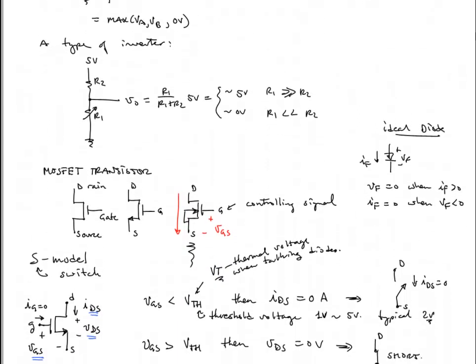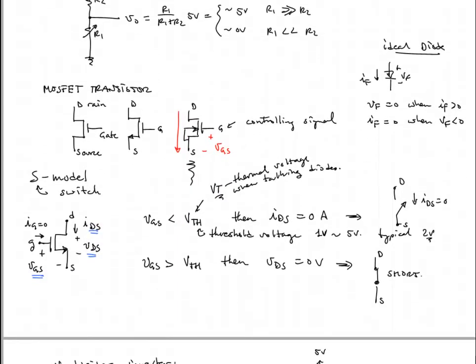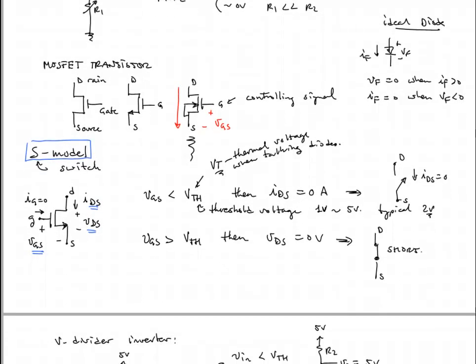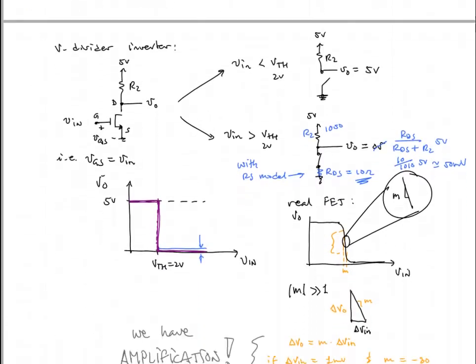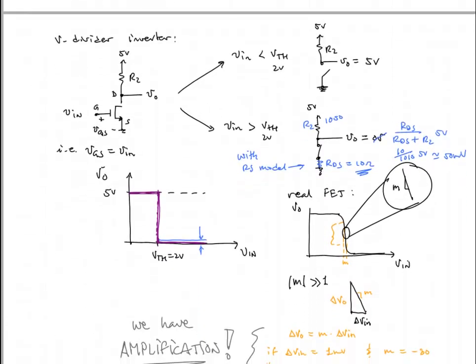We have looked at the symbol of the MOSFET transistor, defining the gate, the drain, and the source, and then we presented the S model for the switch, which is our ideal transistor model that actually is quite useful in many circuits. We then used that S model to implement an inverter and showed that the transfer characteristic does fit that of an inverting logic function.